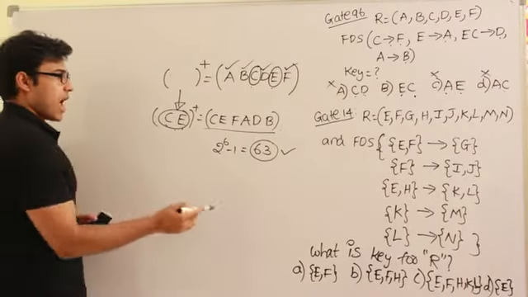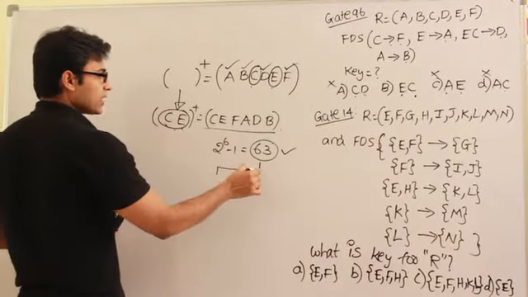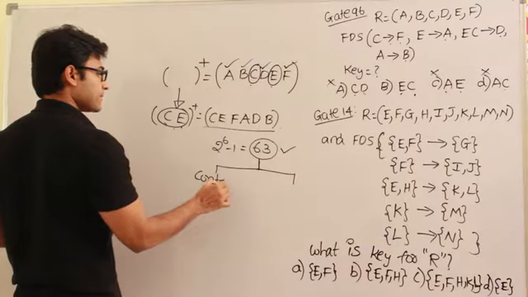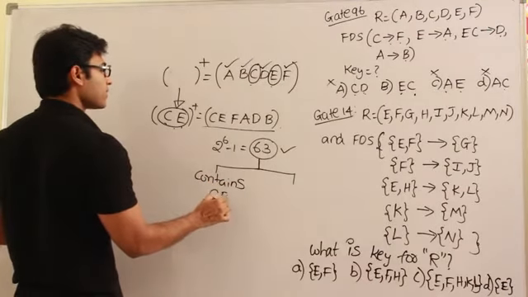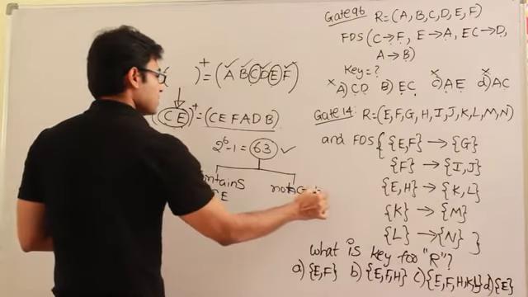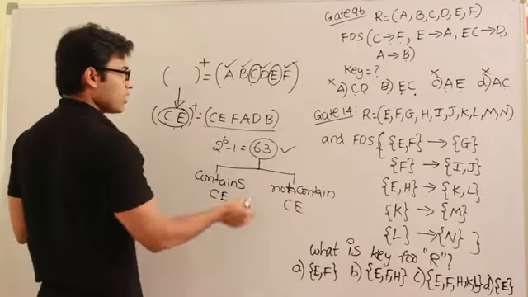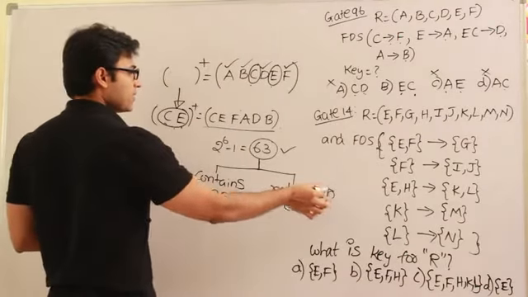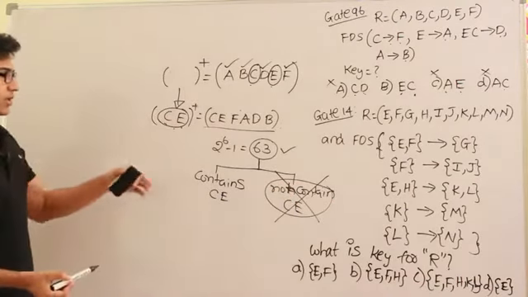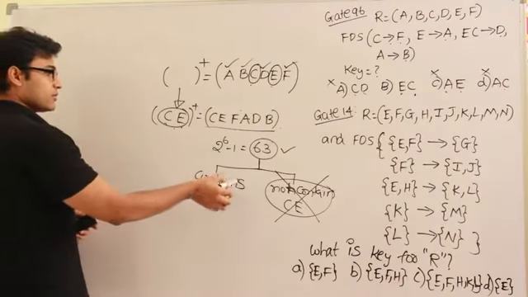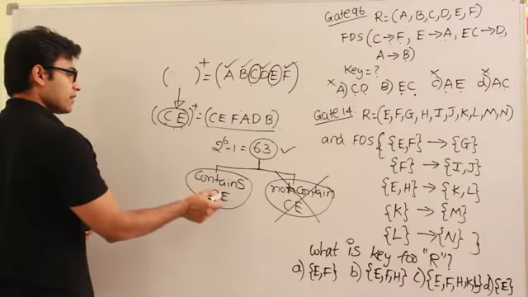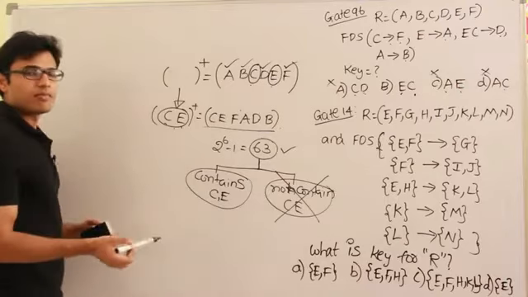Now out of these 63, I can classify them into two types: the set of all subsets which contain CE, and the set of all subsets which do not contain CE. The subsets which do not contain CE are definitely out of the race. Now even among the subsets which contain C and E, they should be combinedly present.